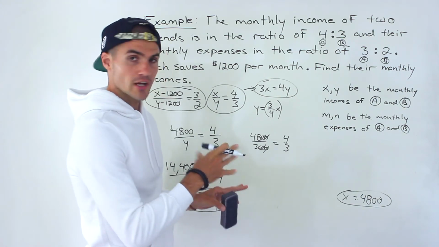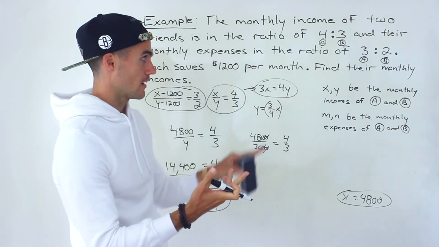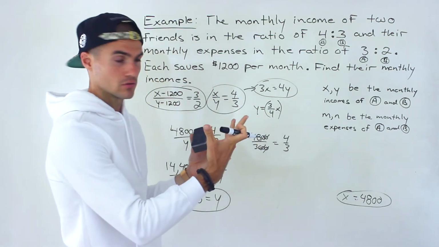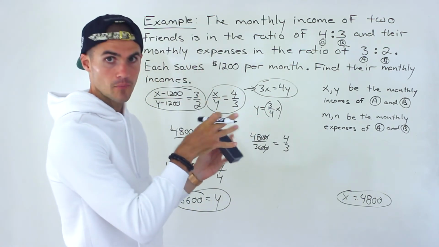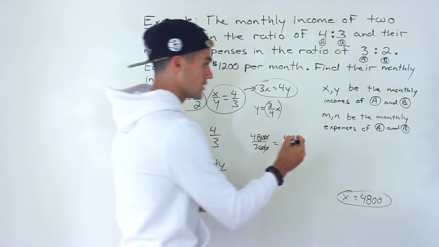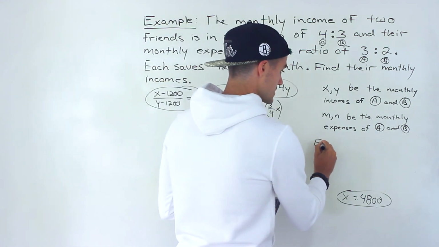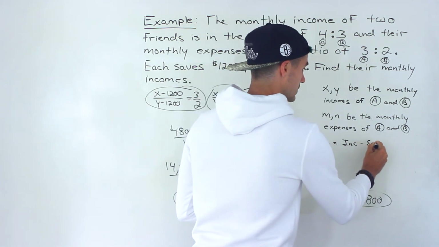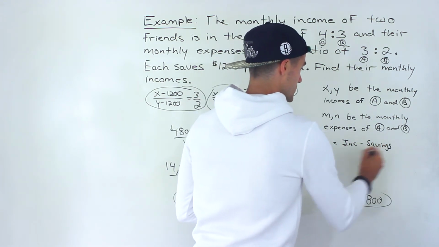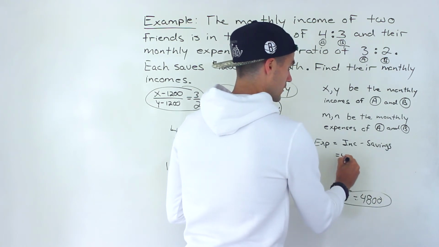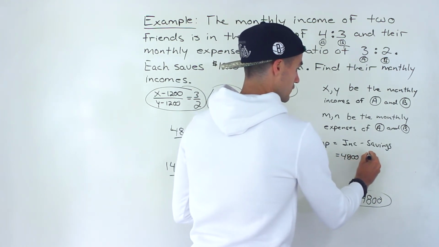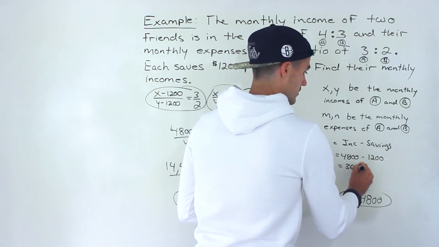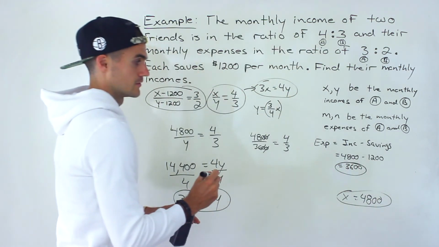Now you can also check the expenses and make sure they're in the ratio of 3 to 2, because if we take that general equation, income minus expenses equals savings, and rearrange it to isolate the expenses, expenses would be the income minus the savings. So if we start with friend A, their income is 4800, they're saving 1200, which means their expenses are 3600.